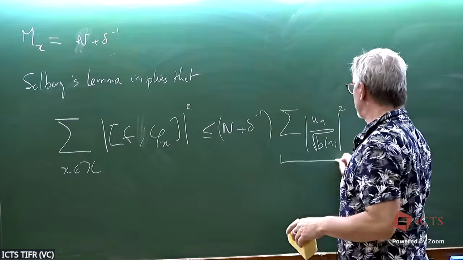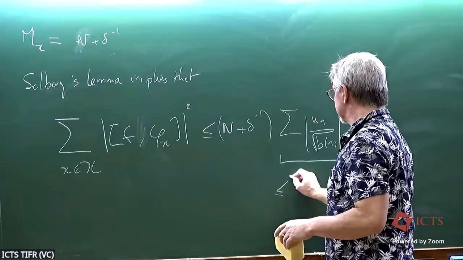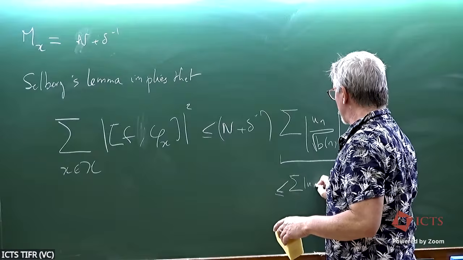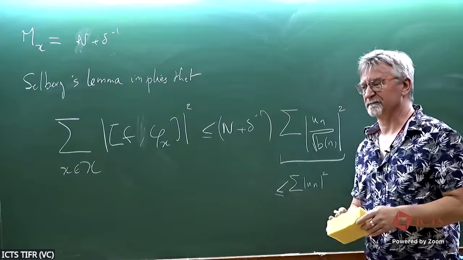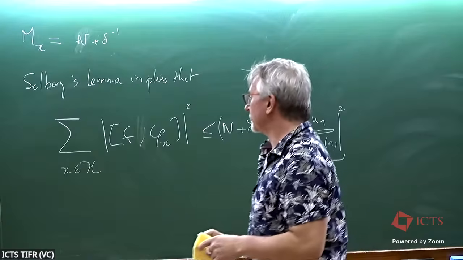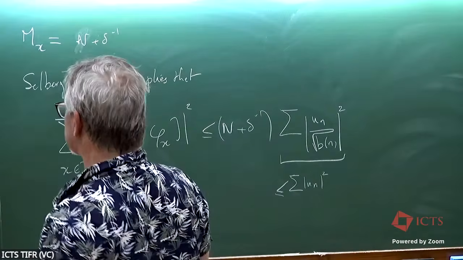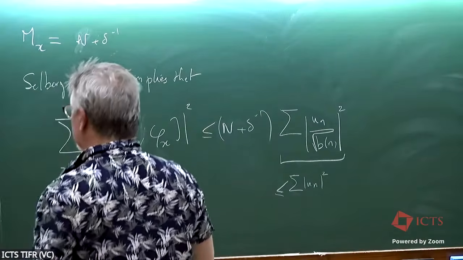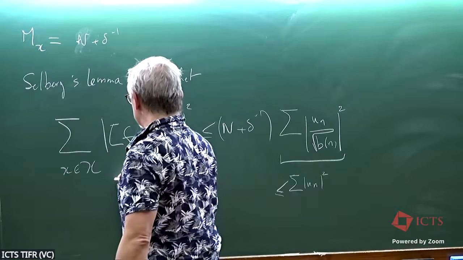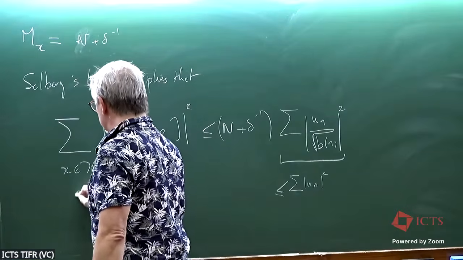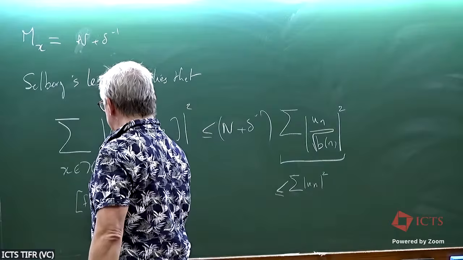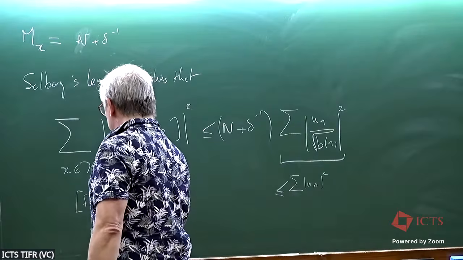This one is less than the sum of u_n squared, so I'm happy. And I did a bad thing with the other one. For the other one, this is a scalar product, f scalar phi x. Look at what it is.